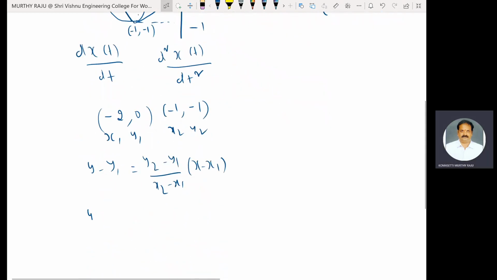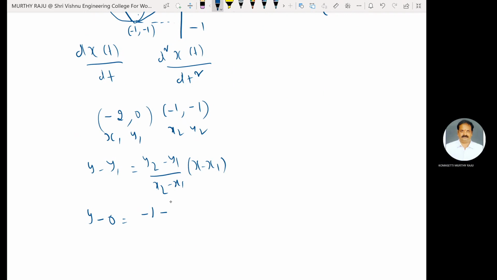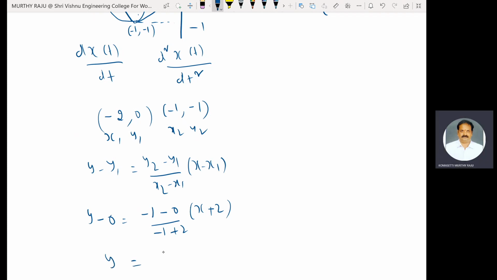Y minus y1 is 0, y2 minus y1 is 0, x2 minus x1 is plus 2, x minus x1 is -2. Y is equal to -1 by 1 times x plus 2.